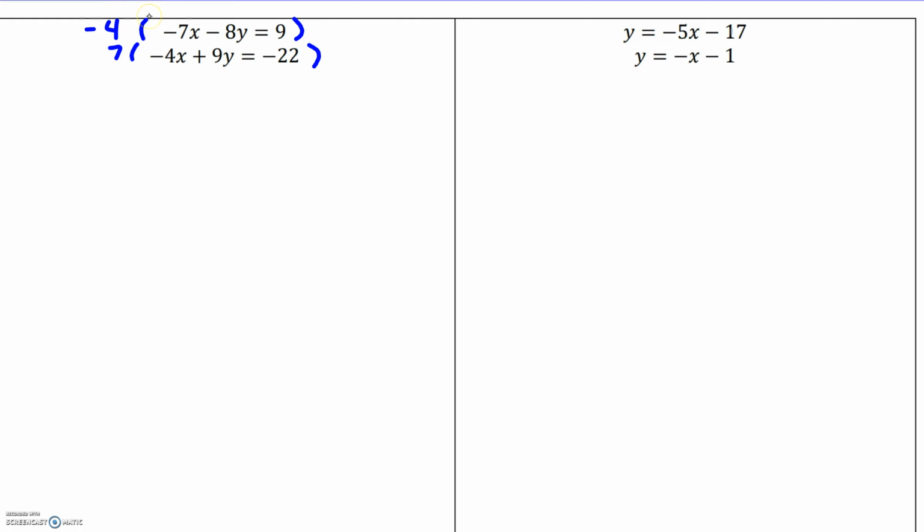So from here, we're going to multiply out. -4 times -7, positive 28x. -4 times -8y, positive 32y, -36.